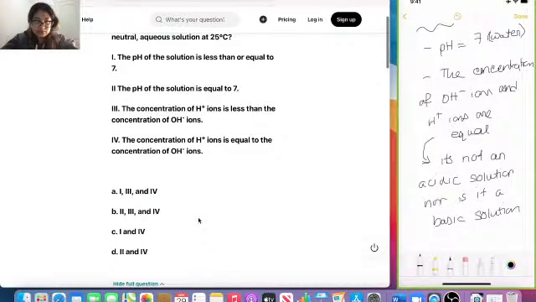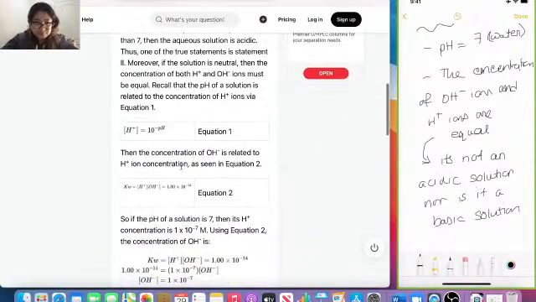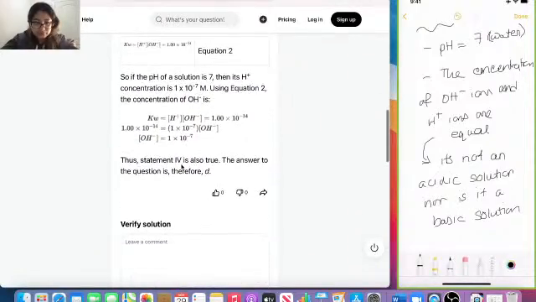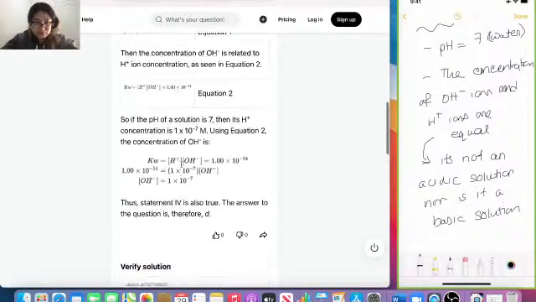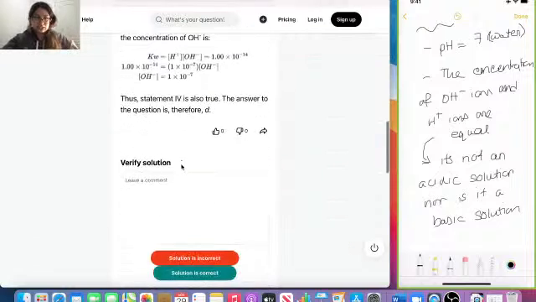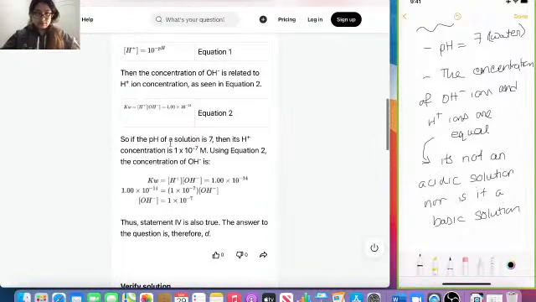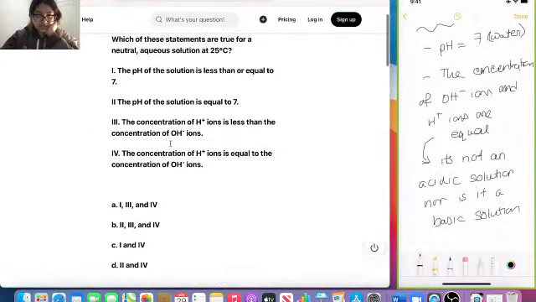Basically it's 2 and 4. Okay, the pH of the solution, so the correct answer is 2 and 4, right? Your pH is equal to 7 and the concentration of H plus ions is equal to the concentration of OH.